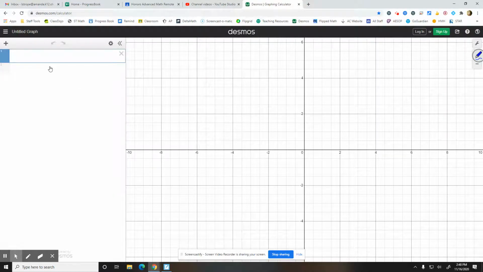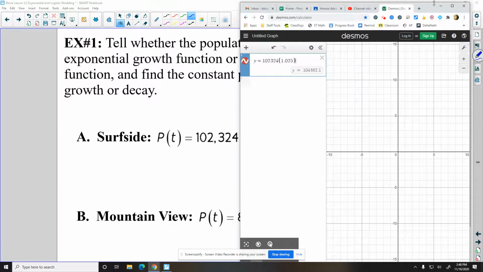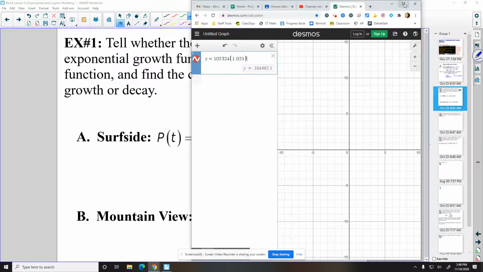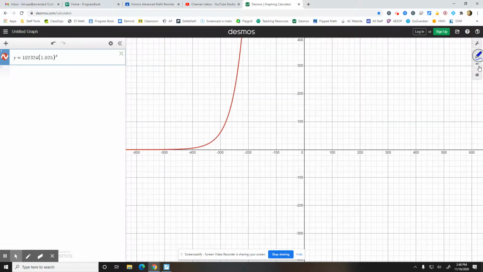For the Surfside function, instead of writing P of T, I'll just write Y equals 102,324, and then the inside number was 1.025, and then instead of to the power of T, I'll write it to the power of X. Okay, now I can't see it because my graph is zoomed way in and this is a really big number, so I'm going to have to zoom way out to find it.